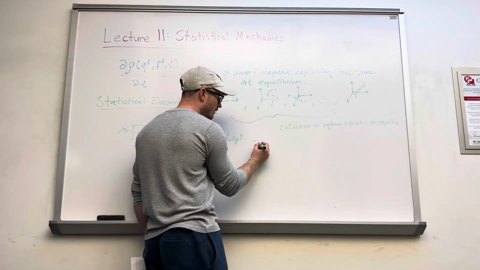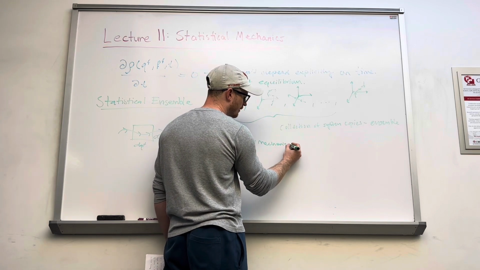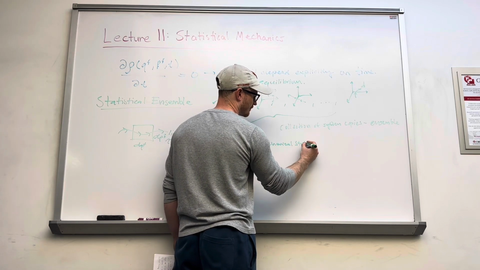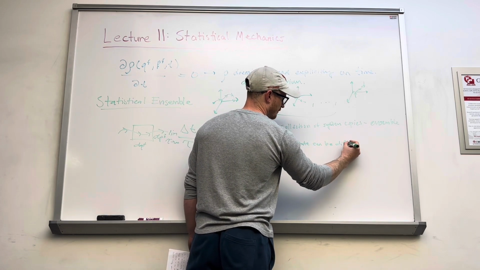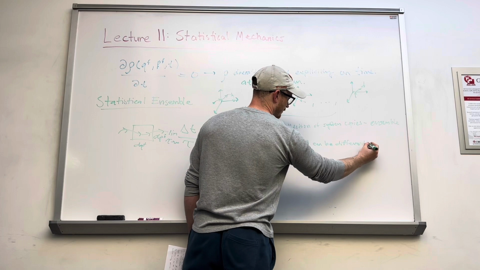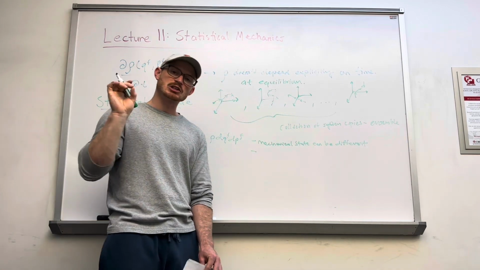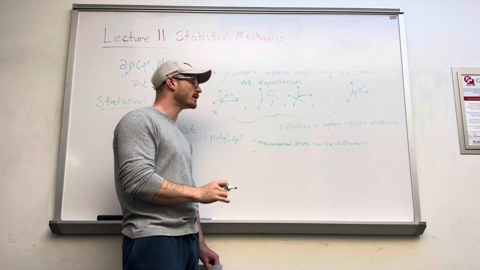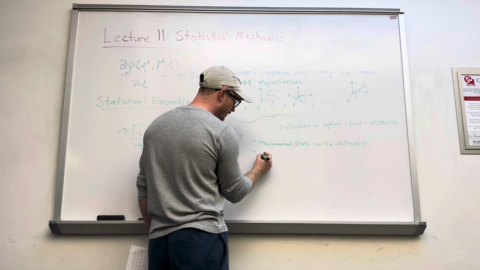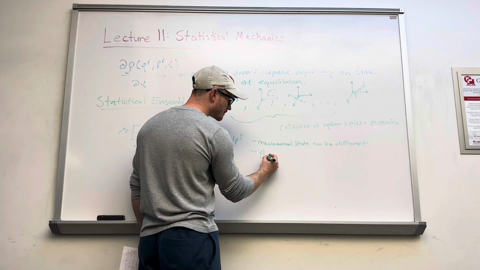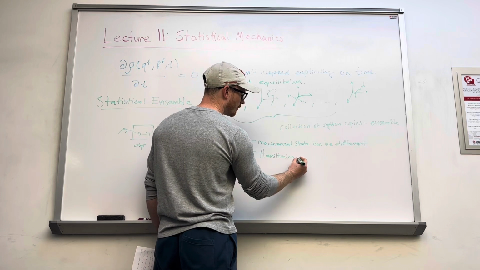So the mechanical state can be different. What can't be different is the specific form of the Hamiltonian that these phase trajectories evolve by. So the Hamiltonian must be the same.